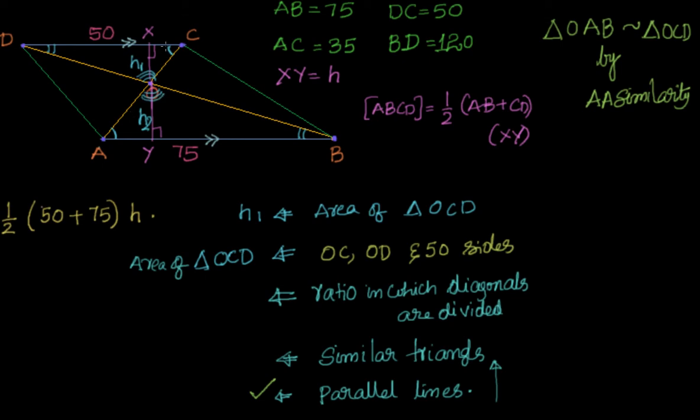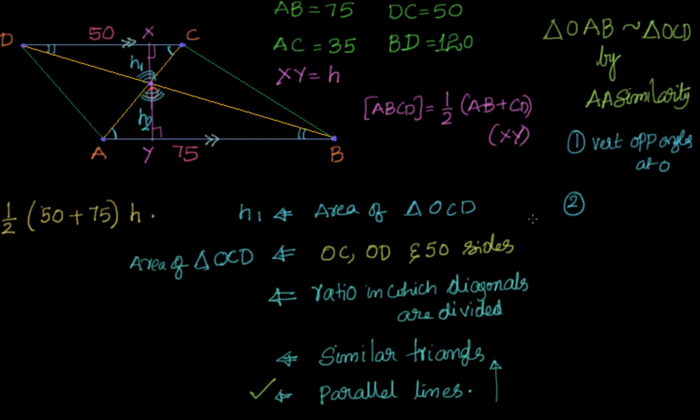How do we know that? If you have a pair of parallel lines and you have drawn a transversal, alternate interior angles are equal. So you know that angle CDO equals angle ABO, and we also know that angle OAB is equal to angle OCD. How do we know? I will write it down here. We know the vertically opposite angles, that's an easy one to pick. So I will say vertically opposite angles at O. That is what we know.